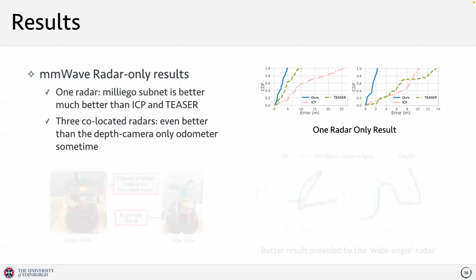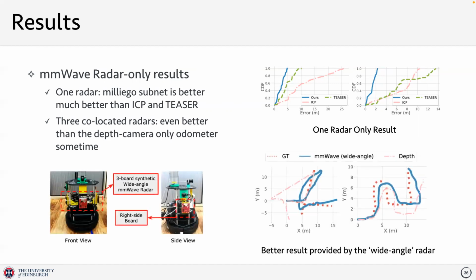Also, if you can afford 3 radars, let's say 1 front radar and 2 side radars together, then this kind of synthetic wide angle radar is able to give very competitive results, even better than the depth cameras in some cases. Unfortunately, such a single modality solution is still not comparable to the radar plus IMU solution, because the IMU is quite irreplaceable for such a motion-driven task.